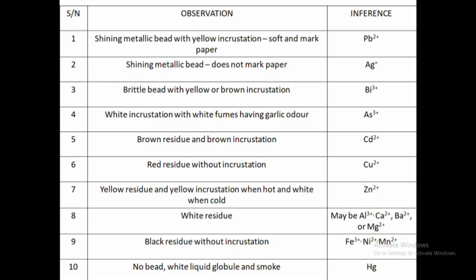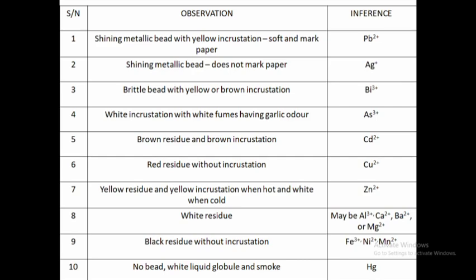Now, when you observe a shining metallic bead with yellow incrustation, you know that this is lead. When you have a shiny metallic bead which does not mark paper, you know what this is. When you have a brittle bead with yellow or brown incrustation, you also know that.